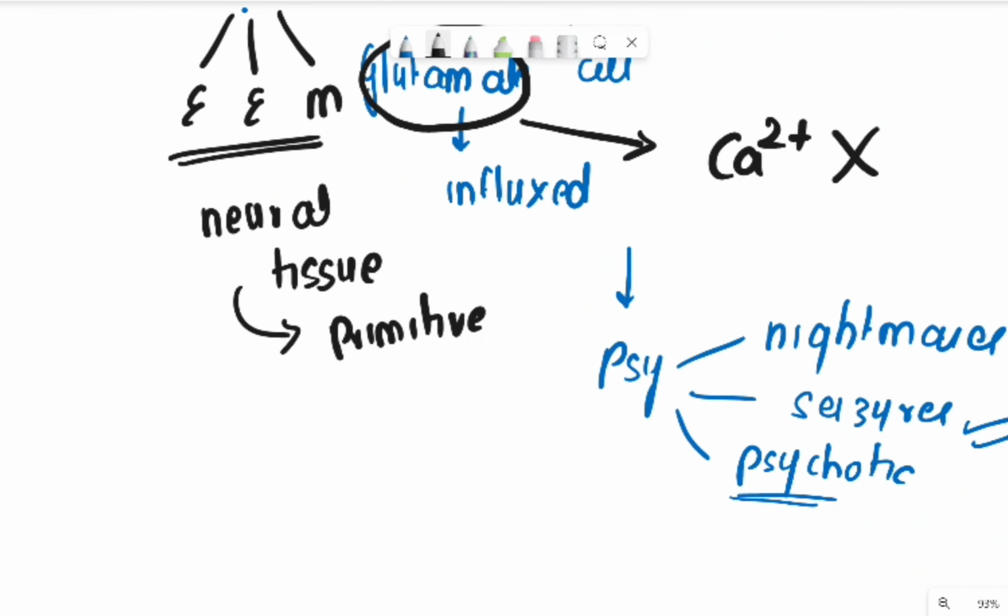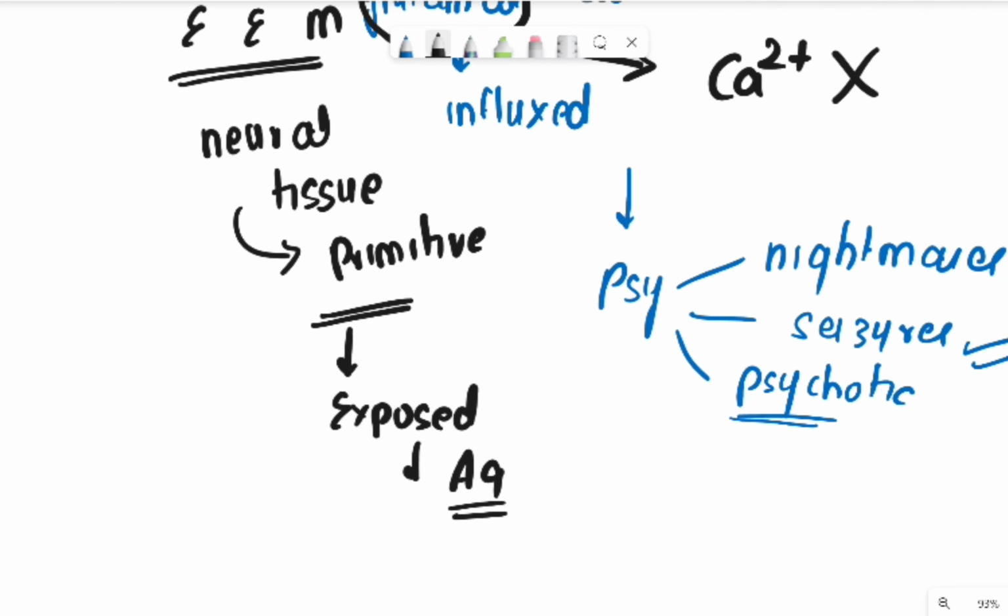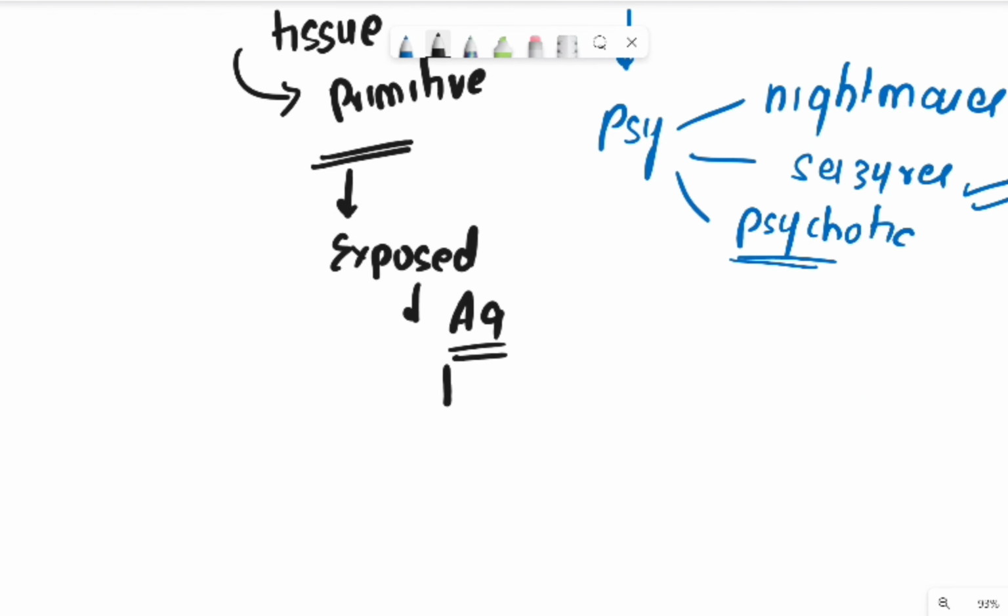So, when this primitive nerve tissue is exposed to the immune system of the body, it acts as an antigen, and the body recognizes this antigen as a foreign invader, and hence starts producing antibodies against this antigen.